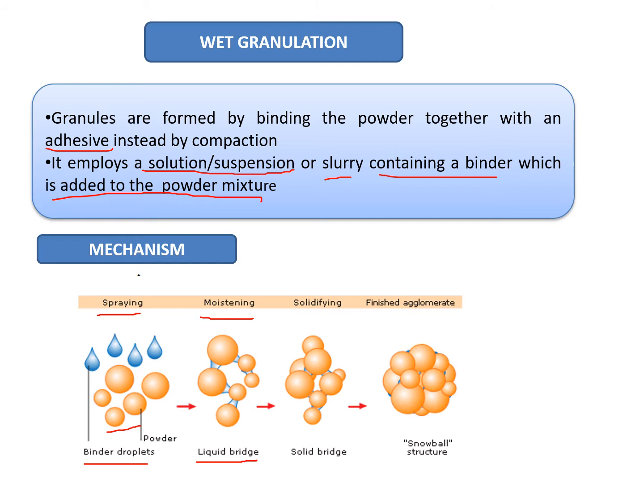After that, the third step is solidifying, in which a solid bridge is formed. The final step is the finished agglomerate, in which a snowball structure is formed. So these are basically the 4 steps in the process of wet granulation.